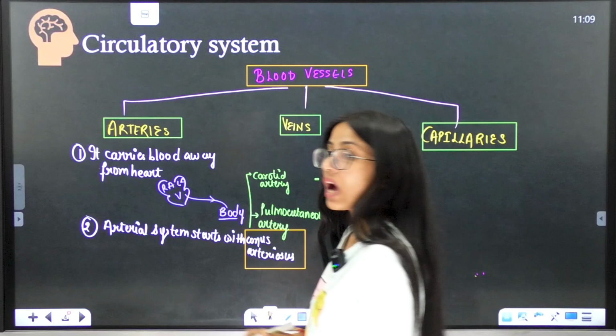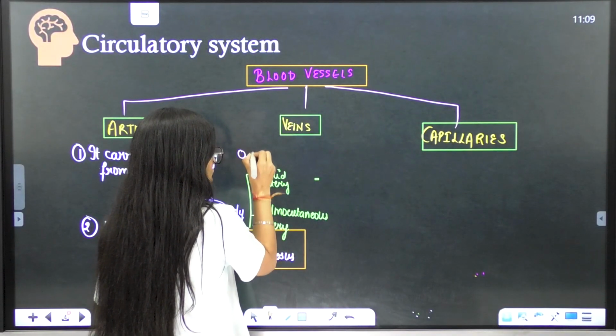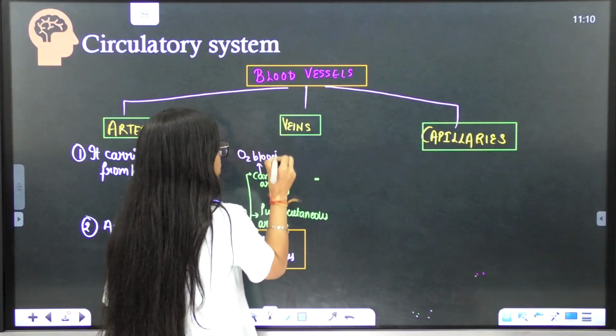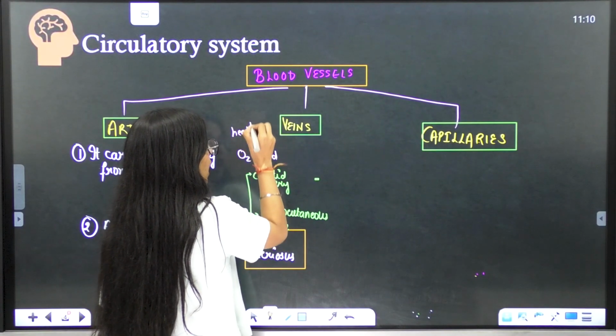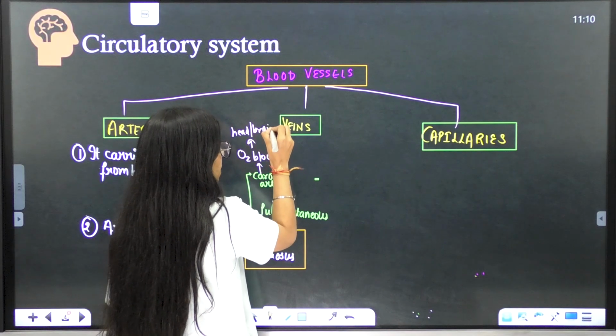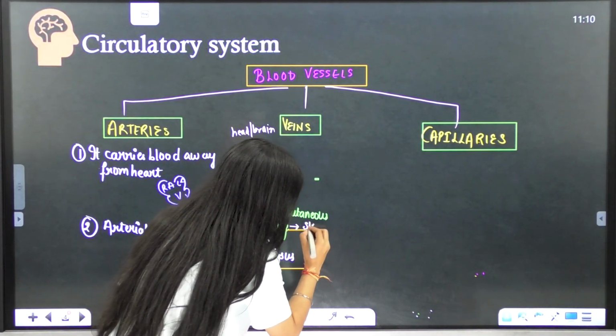The carotid artery carries oxygenated blood to head and brain. But this is exception. It carries blood to skin.